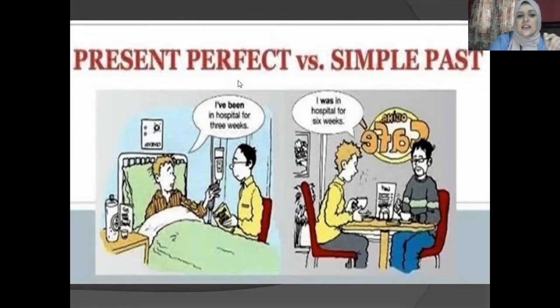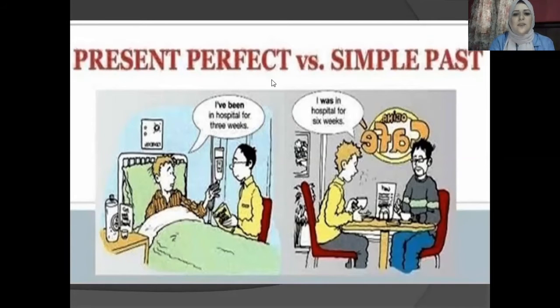In the first picture, we can see that this person is in hospital and he says, I have been here for 3 weeks. So he went to the hospital 3 weeks ago and he's still there. He's not out yet. So the action itself started in the past and it's still going on till the present time.